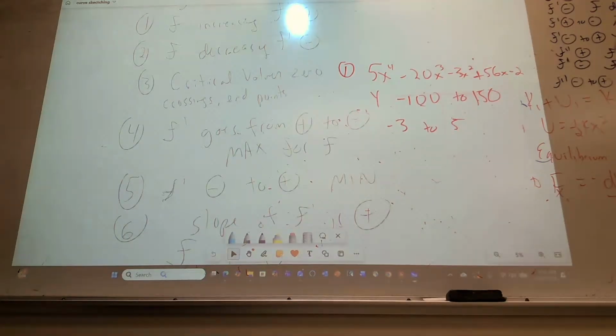So you should get a first crossing around negative 1.5.